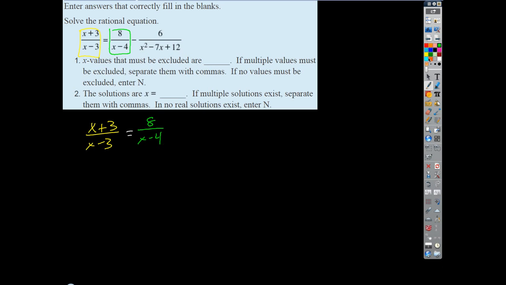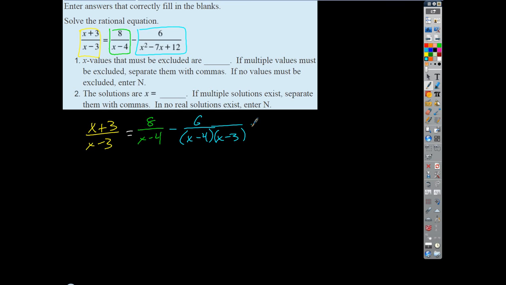Okay, last fraction. Oops, we have to factor. So the bottom would factor into numbers that multiply to positive 12 and add to negative 7, which would be negative 4 and negative 3.